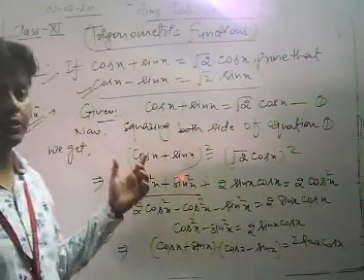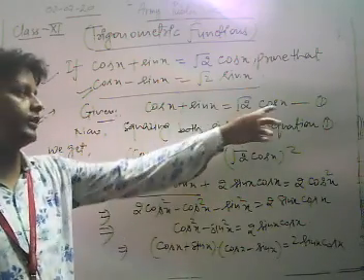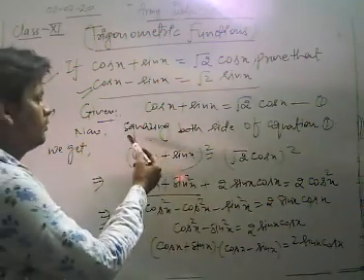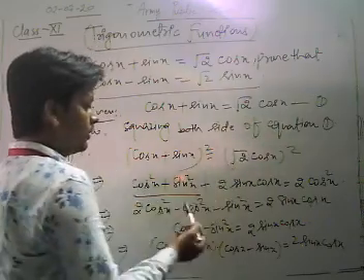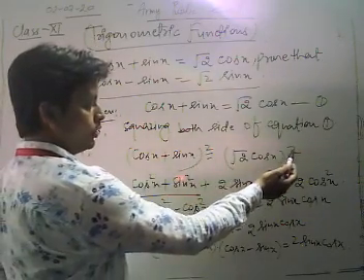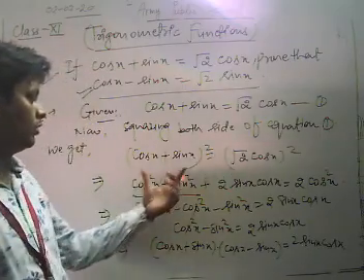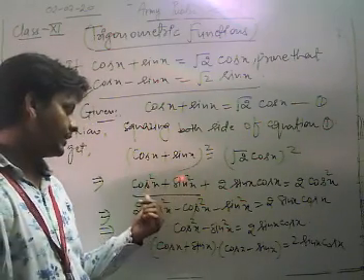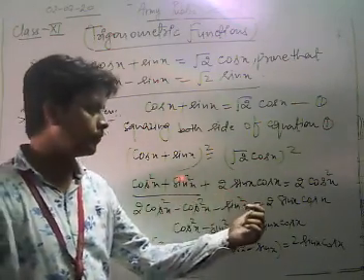Okay, first this is the given, we take as equation number 1. Now squaring both sides of equation 1, we get cos x plus sin x whole square is equal to root 2 cos x whole square. Now we expand that, a square plus b square plus 2ab.